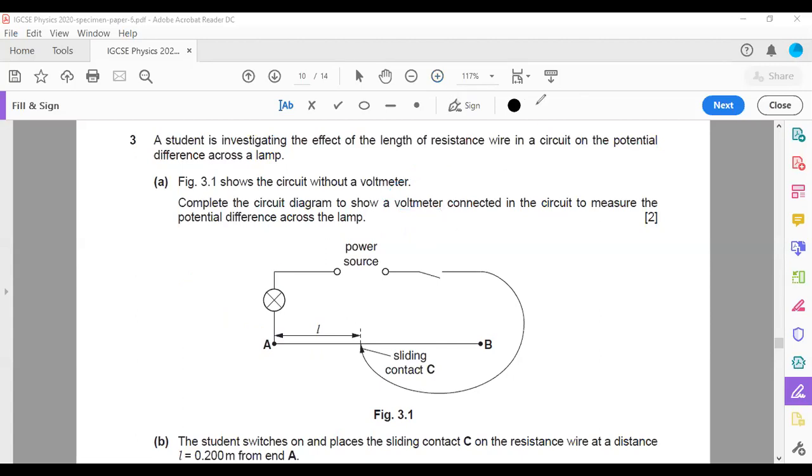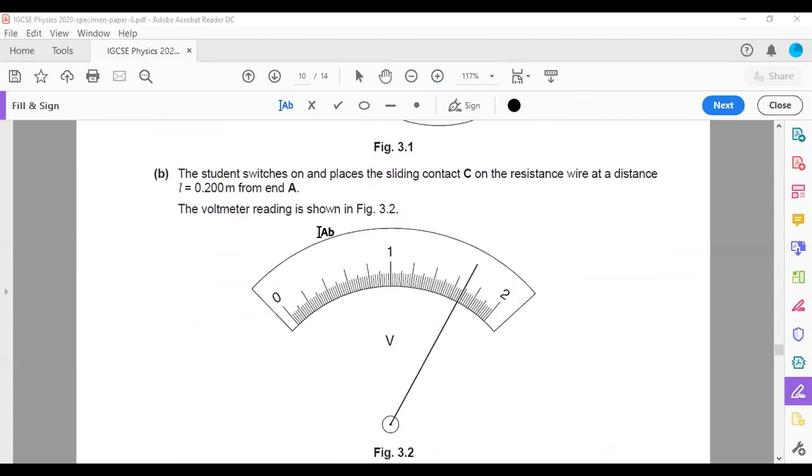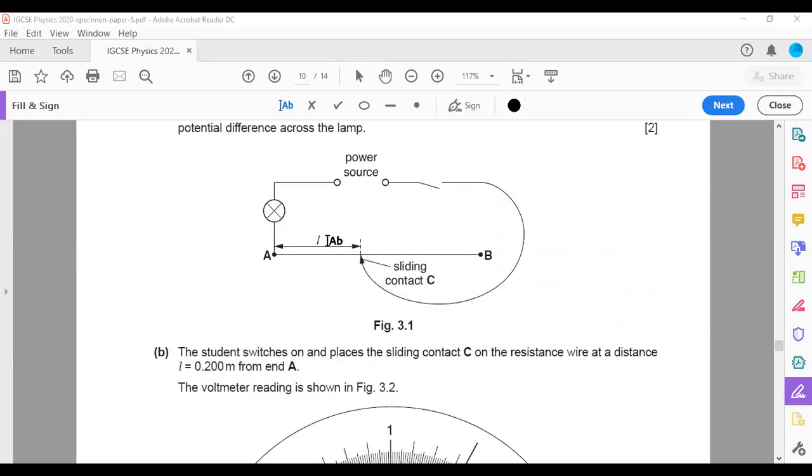They said here, lower down, the student switches on and places the sliding contact C on the resistance wire at a distance L equal to 0.2 meters from end A. So here is 0.2 meters. Good. That's the whole length there.